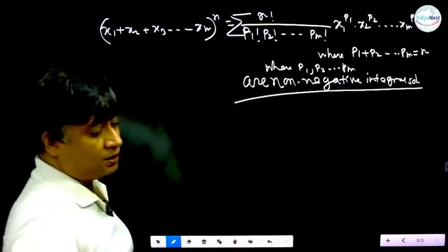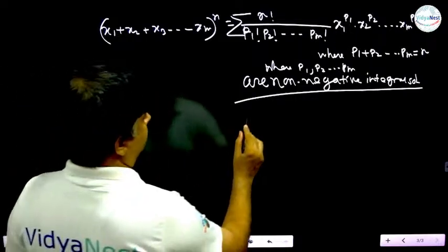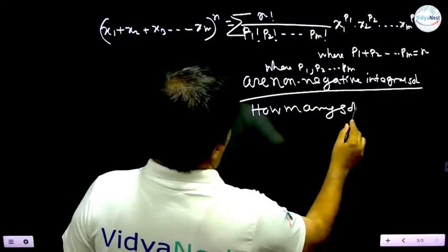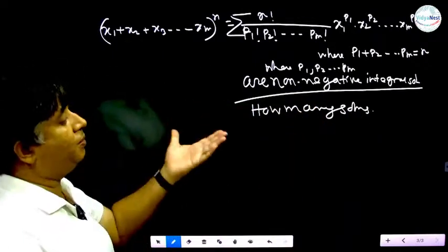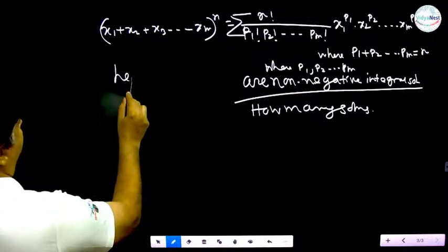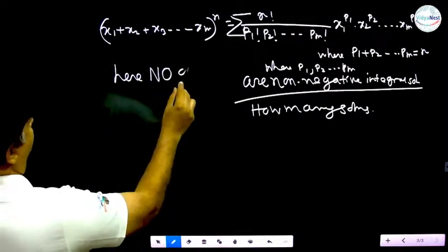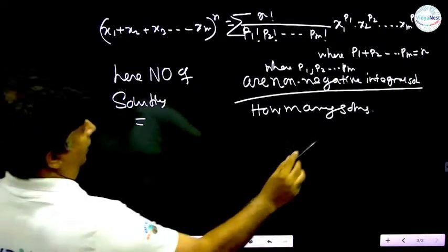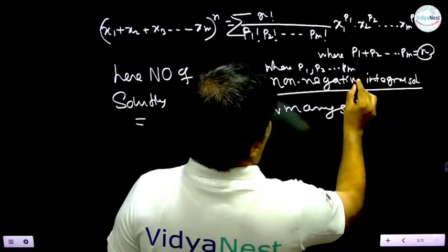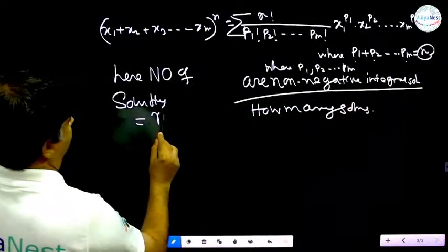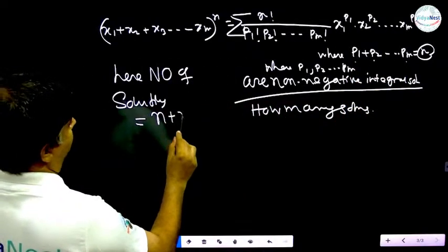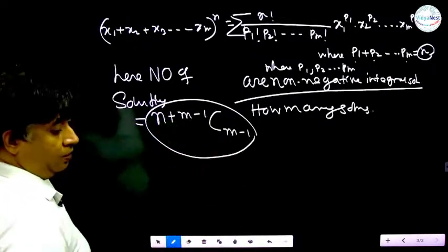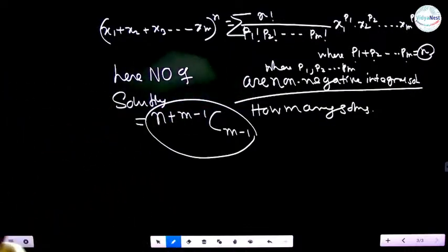Now the question is, how many solutions are there? So using the concept of the star bar method, the number of solutions: n, the total number, to be divided into m groups. So n plus m minus 1 C m minus 1. Okay, this is the number of solutions. Understand?